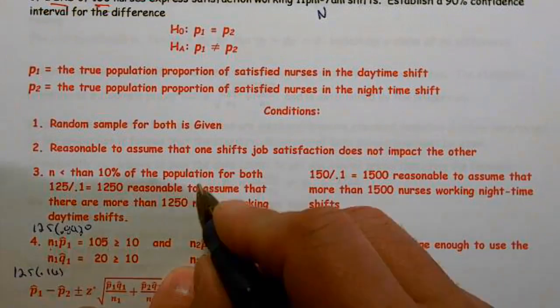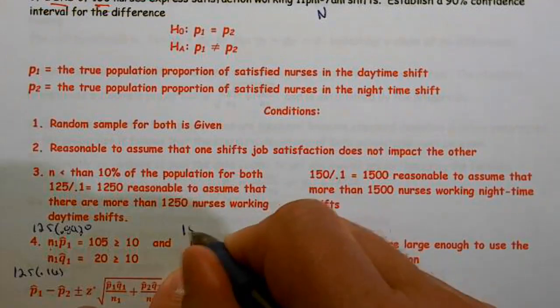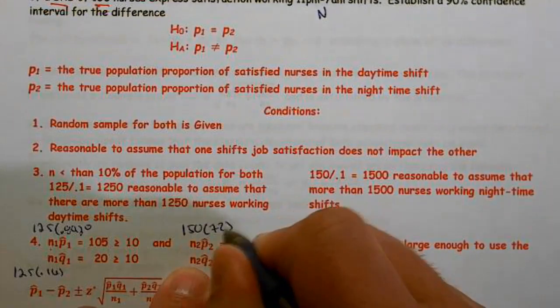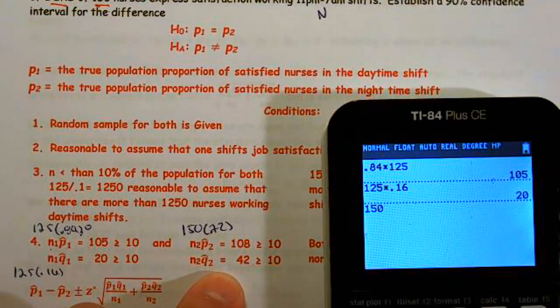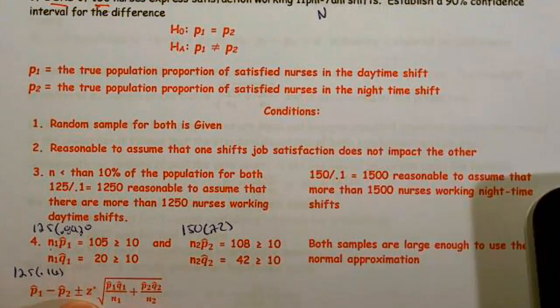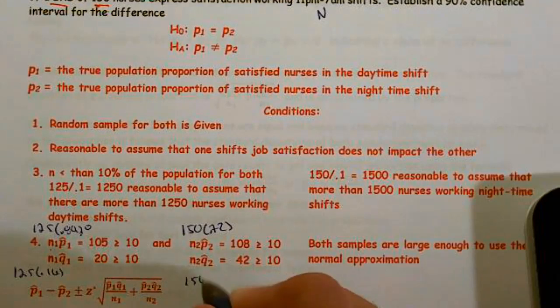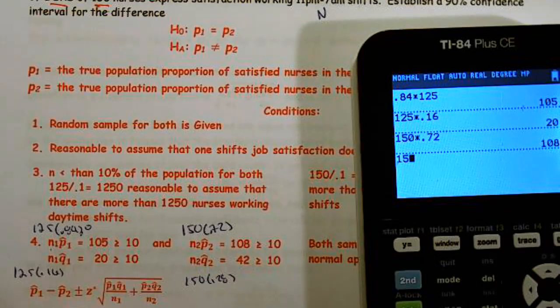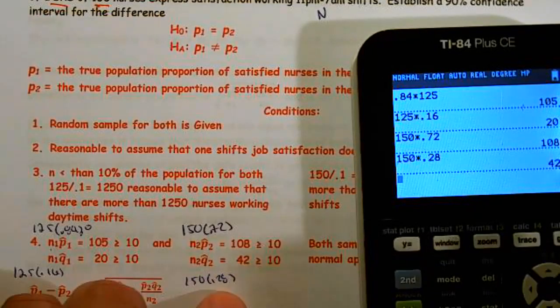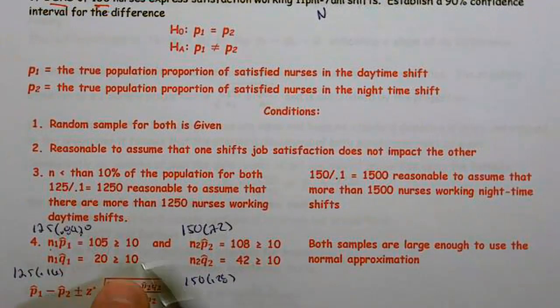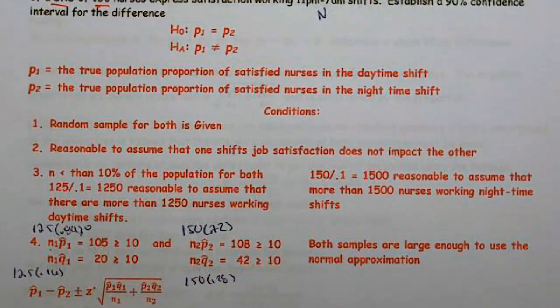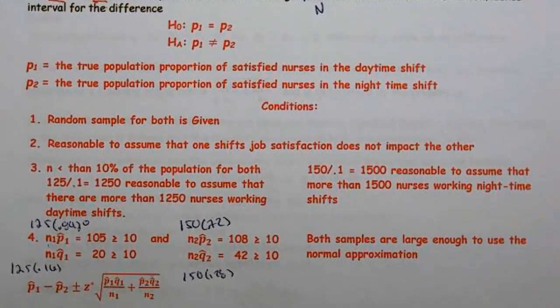We had 150 times the 72, 150 times 0.72 equals 108. And then here we had 150 times 0.28 is 42. So in both cases, both of these were greater than 10. Both samples are large enough to use the normal approximation.